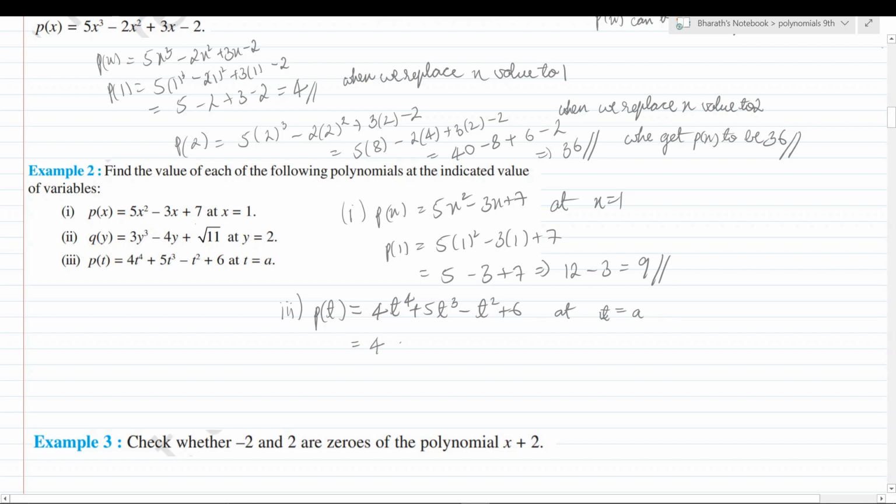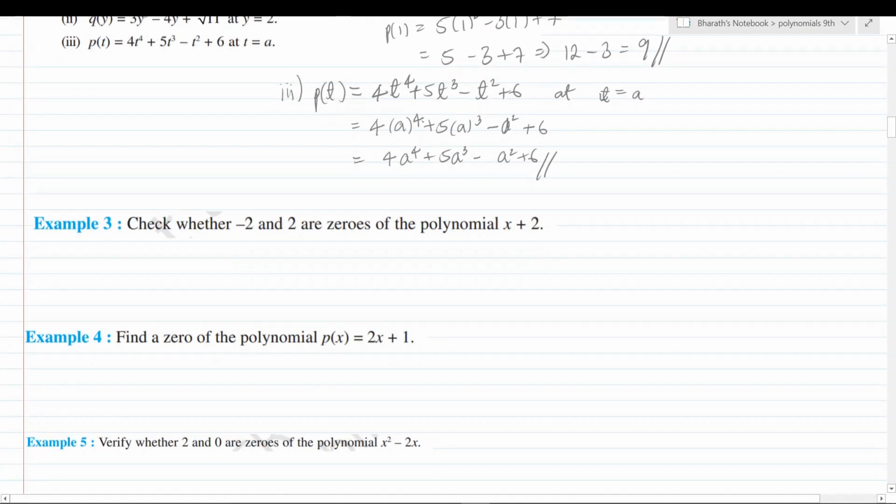So instead of t we have to write a: 4a to the power 4 plus 5a cubed minus a squared plus 6. This is your final answer. This is what you require.